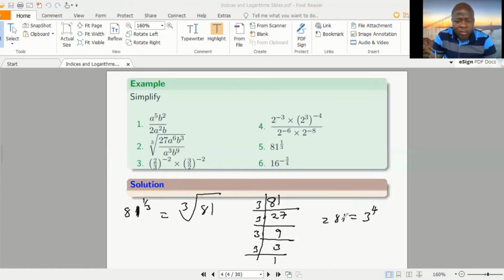But what I want is the cube root of 81. So therefore, 81 raised to a third is the same as 3 raised to 4 times a third. This is 3 raised to 4 out of 3. So that is the answer to this question.